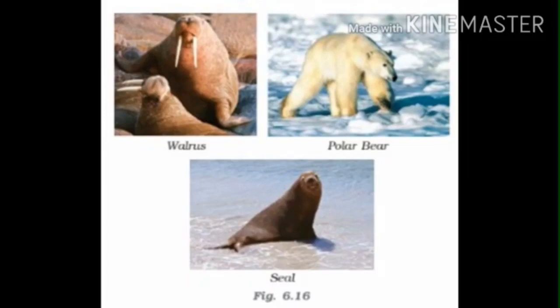These are the main characteristics. First characteristic is what, children? Most deserts of the world are found on the western margin of the continents. Then they are found in areas of high temperature, high evaporation and low rainfall. Then these plants or shrubs have long and strong roots, thorny surfaces and wax-coated leaves.